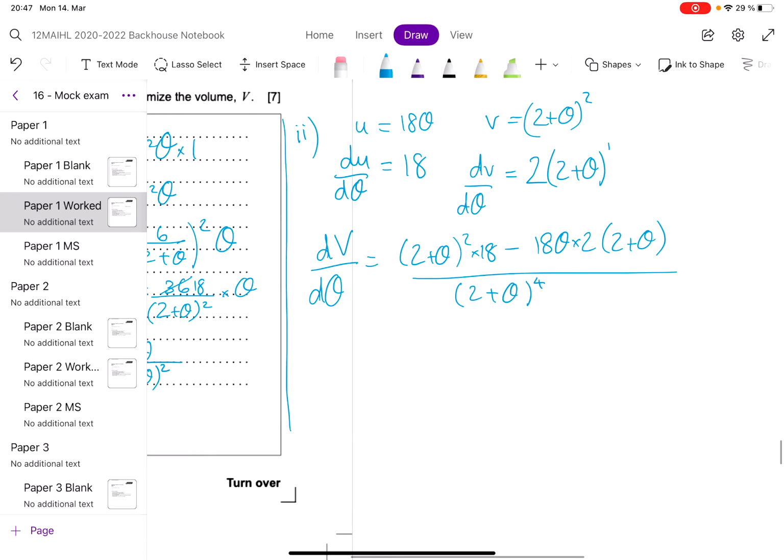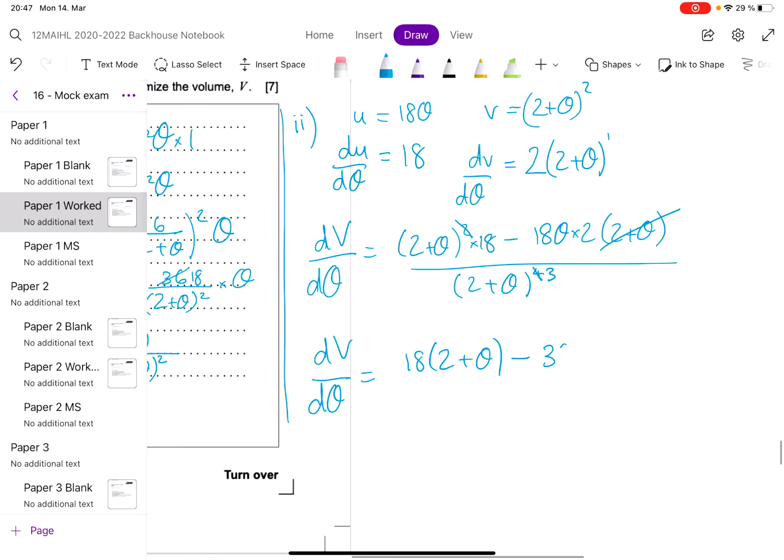Okay, I'm going to do a minimal amount of tidying up. I'm going to cancel out, there's 2 plus theta in every term of our fraction. So I'm going to take 2 plus theta, 2 plus theta, 2 plus theta. And then the other thing I'm going to do is I'm going to write the 18 out the front of the bracket, because I think that is more conventional. And I'm going to do 18 times 2 is 36 theta.